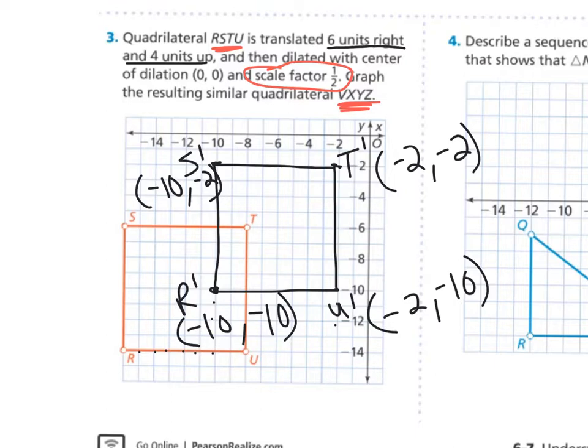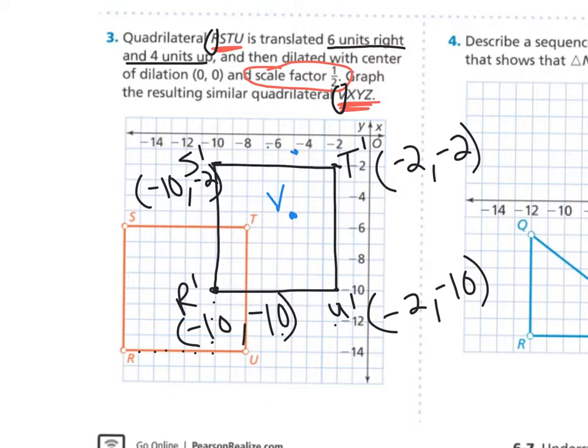So our first point here was R, and it's going to go to a V. So R prime is -10, -10. If we take half of both of those, half of -10 would be -5. So that's going to take us to -5, -5. We'll do this in blue here to distinguish it. That's going to be V. S: if we take half of both of our S prime, that's going to be -5, -1.